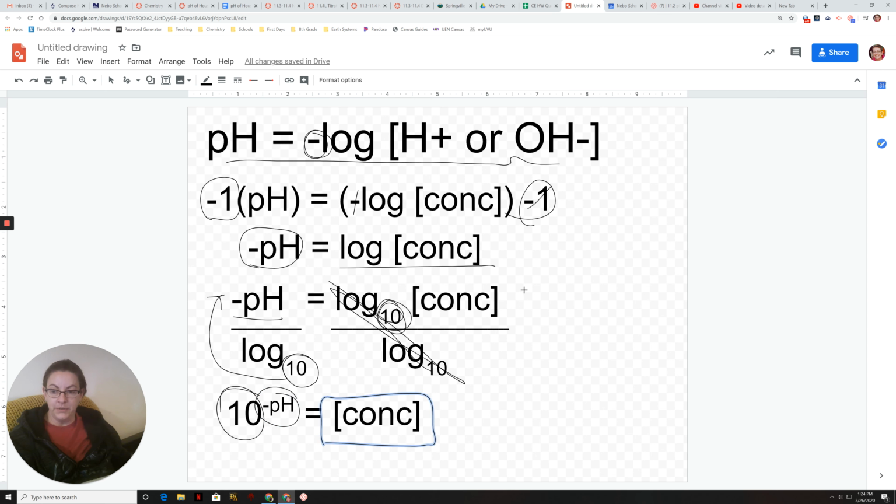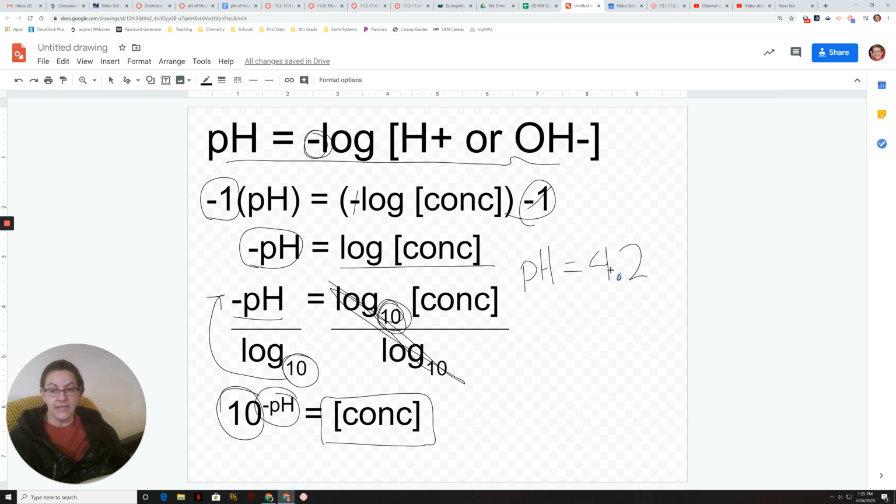So for example, let's say I have a pH equals 4.2. That is what you're given. Okay, so if this is my pH, 4.2, how can I find my hydrogen ion concentration from that?